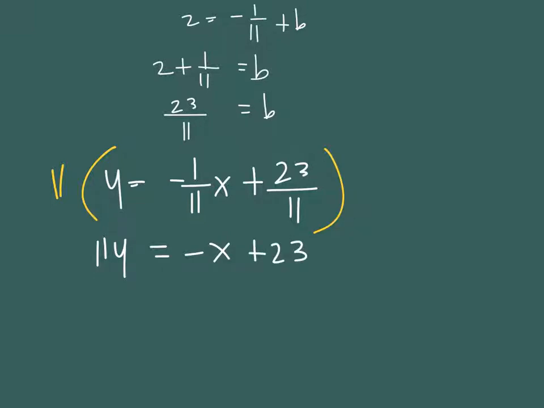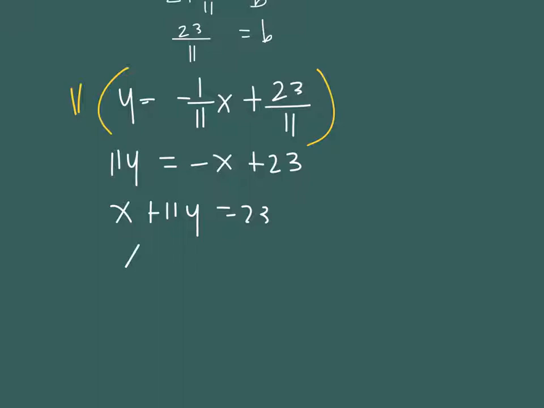And just play around with the expression. It could be x plus 11y equals 23, or x plus 11y minus 23 equal to 0. So these are the alternative expressions for the one that we obtained. Okay, understand?